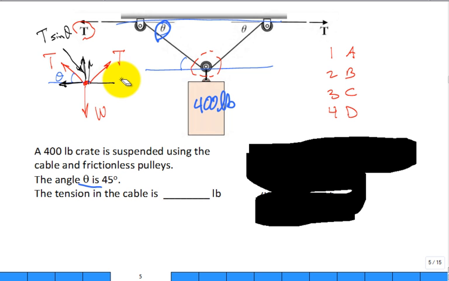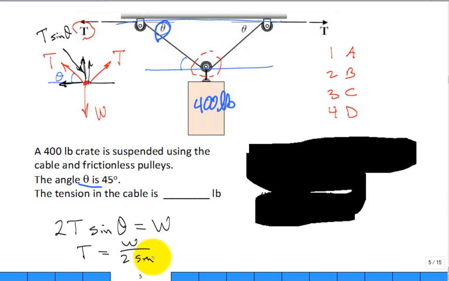All right. So when you do this, you find that two cables having tension T, and then we have the sine of the theta component doing the lifting equal to the weight going down. True or false? So the tension in the cable is the weight divided by 2 sine of theta, 400 pounds divided by 2 sine of 45 degrees.